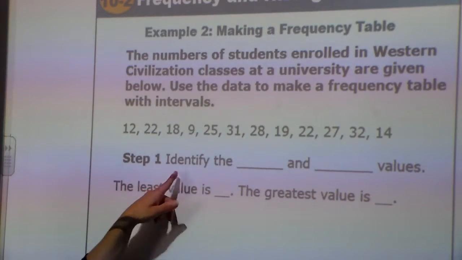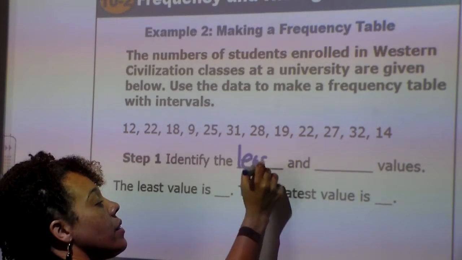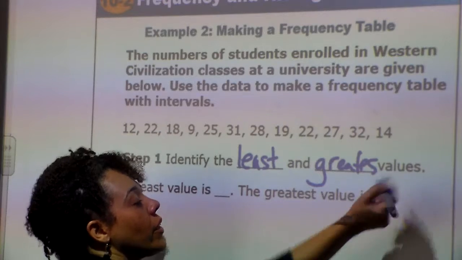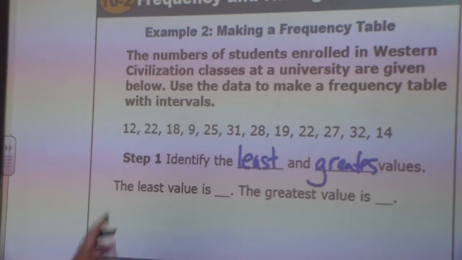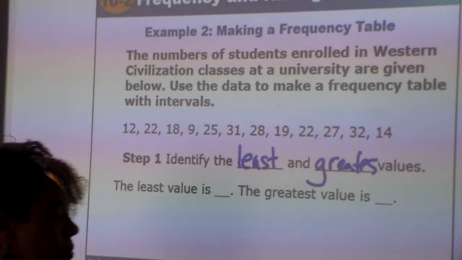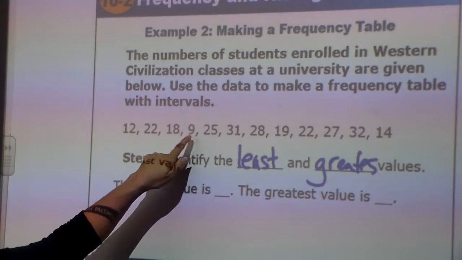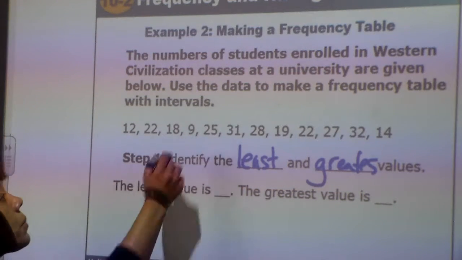So here, step one is you're going to identify the least and greatest numbers or values. In our data set here, when I look across, when I get to this 9, I notice that's my smallest number on the list.